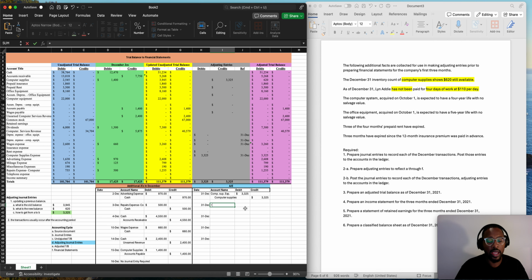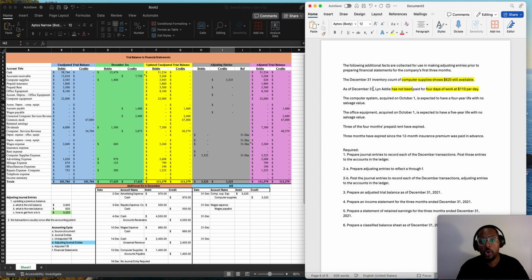So we know that when we want to pay our employees, that's going to be wages expense. So we're going to debit wages expense. That's what we know already. What you also should know is that we're going to credit wages payable, meaning that we're going to pay them later down the road. We're not going to pay them right now. We're just acknowledging the fact that we need to pay them, okay, or a scheduled payment.